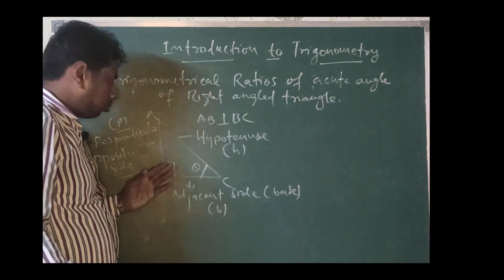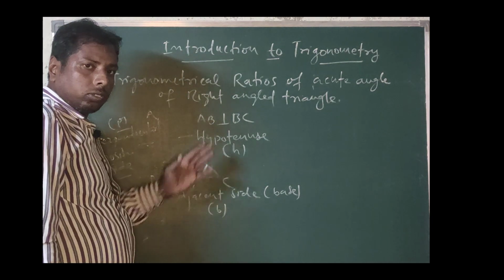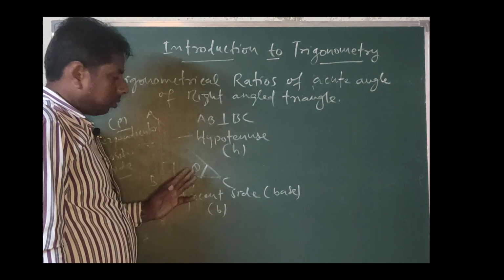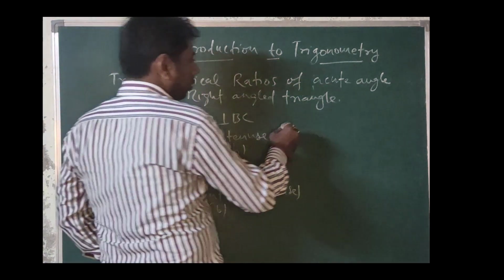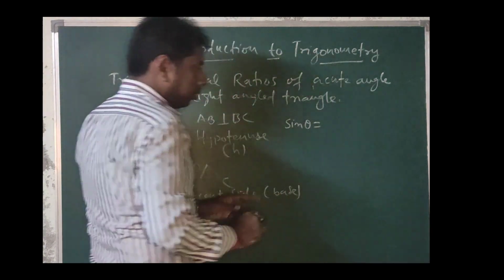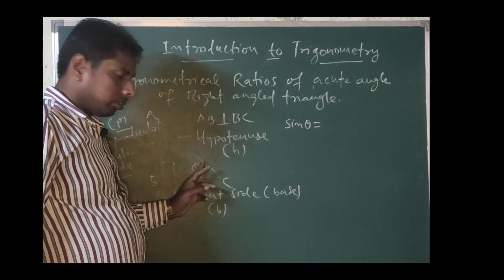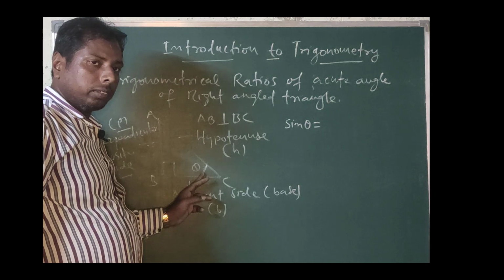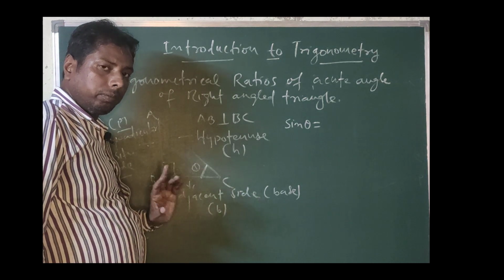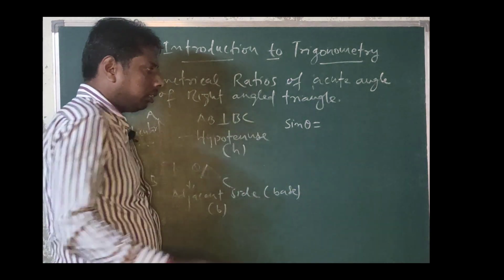Now with the help of this figure, we will find out the ratios of all the angles. If I write sine theta here, I write theta because I don't know the value of this angle, 30 degree, 40 degree, 50 degree, we don't know. So we can simply write sine theta.